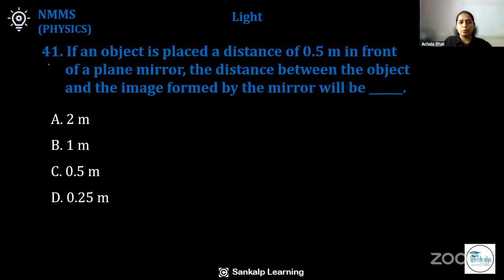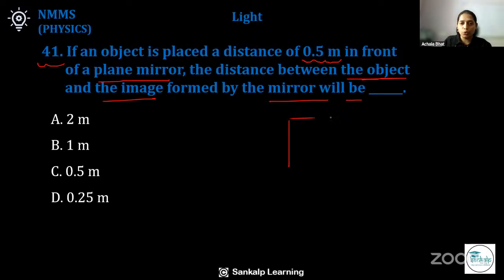Let us see question number 41 of NMMS Physics chapter Light. If an object is placed at a distance of 0.5 meter in front of a plane mirror, the distance between the object and the image formed by the mirror will be dash.